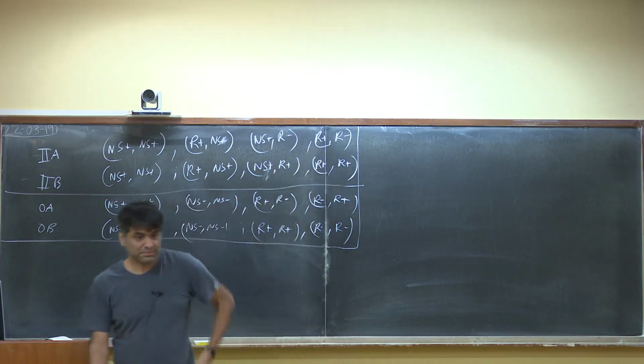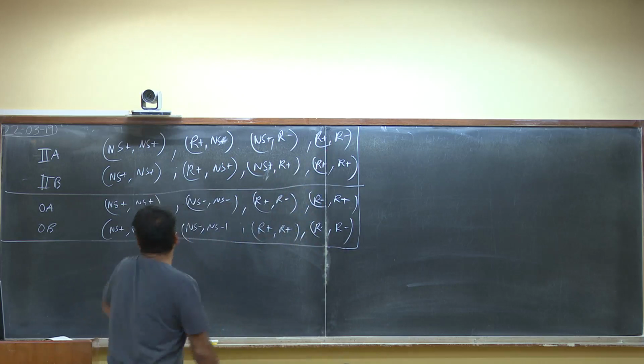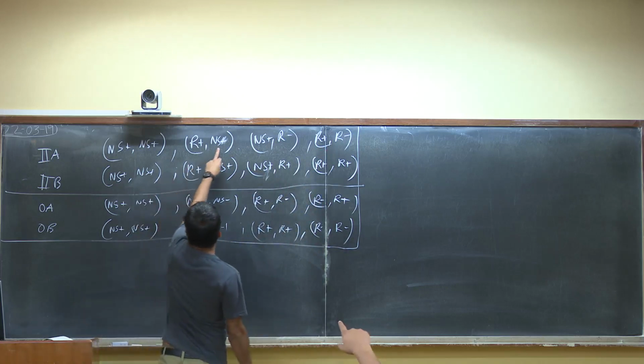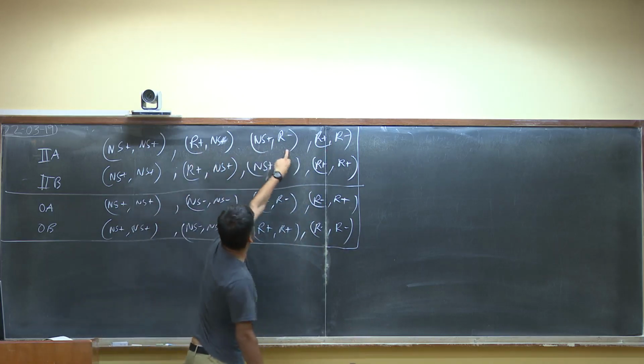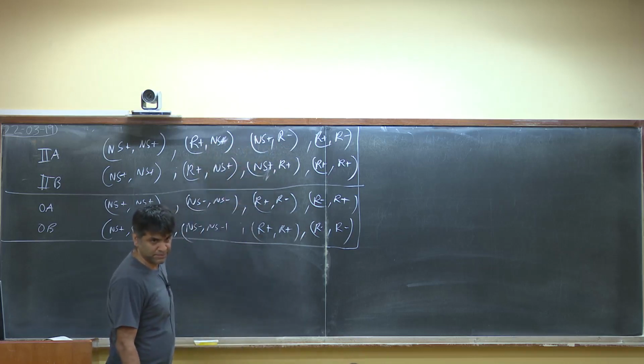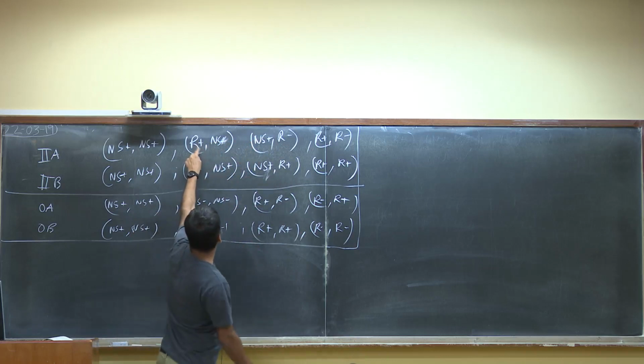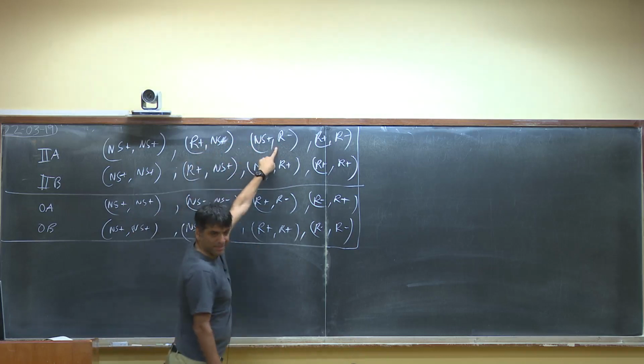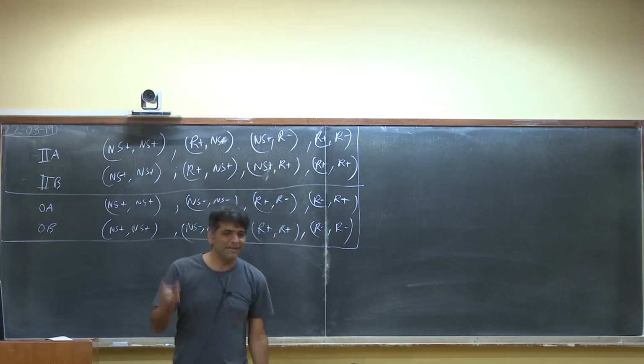What about NS plus R minus? NS plus R plus and NS plus R minus will get interchanged. You flip left and right, this goes to that.